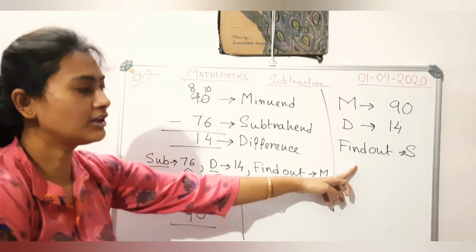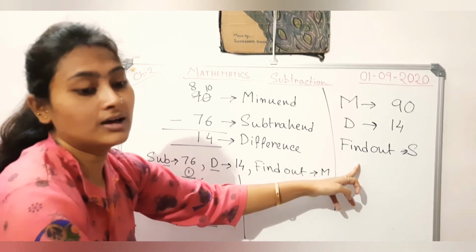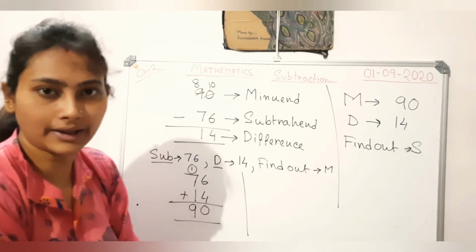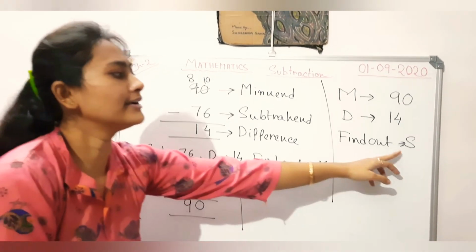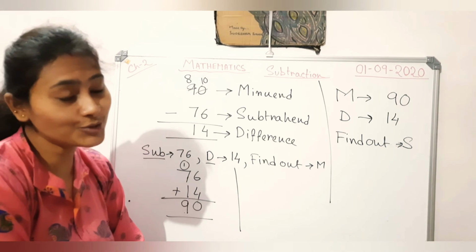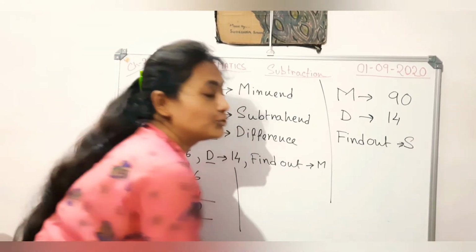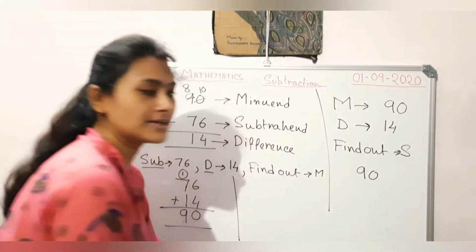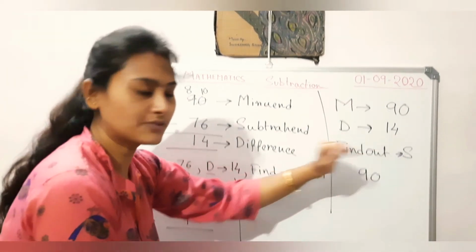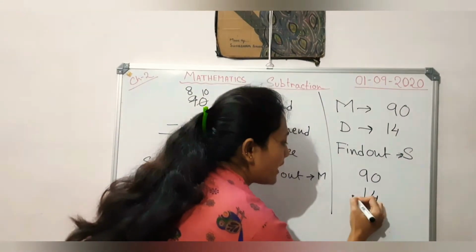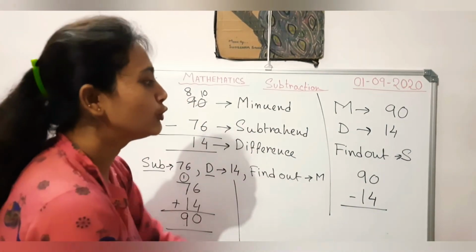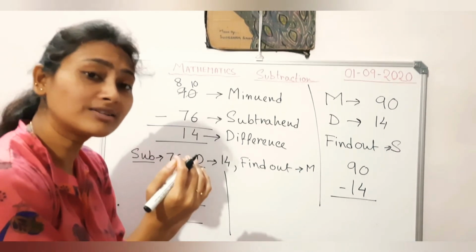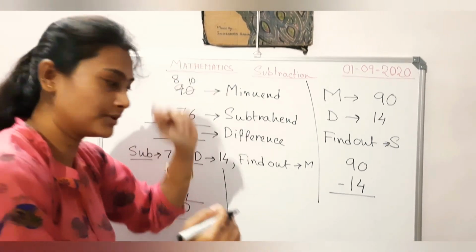But now, if I do addition, the answer will be greater. That is not correct. So now I have to find the subtrahend. How can I do it? Now I have to do subtraction. From the minuend, I have to subtract the difference, that is 14. To find the smaller one, the subtrahend, I have to subtract the difference from the greater number.